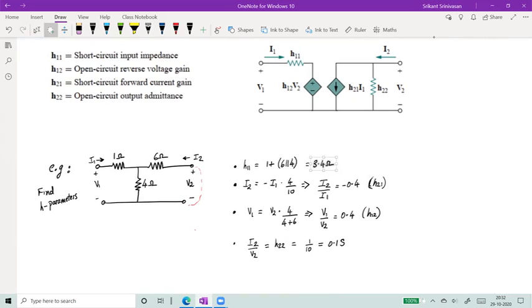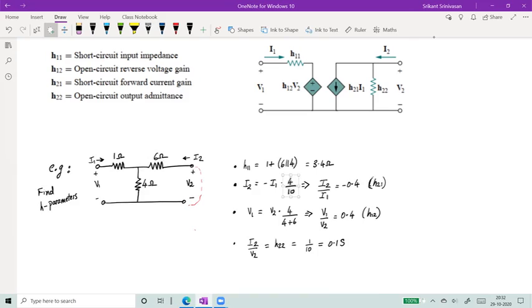Similarly, with the output side short circuited, I can also calculate the short circuit forward current gain. I2 is flowing in here, I1 is flowing in here. If I1 is flowing through the 1 ohm resistor and splitting across these two, then the current through the 4 ohm path is I1 times 4 divided by 6 plus 4.